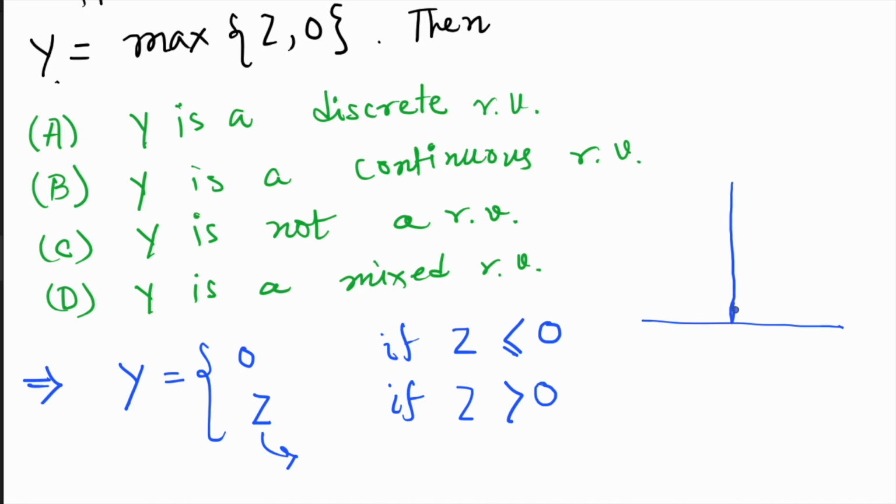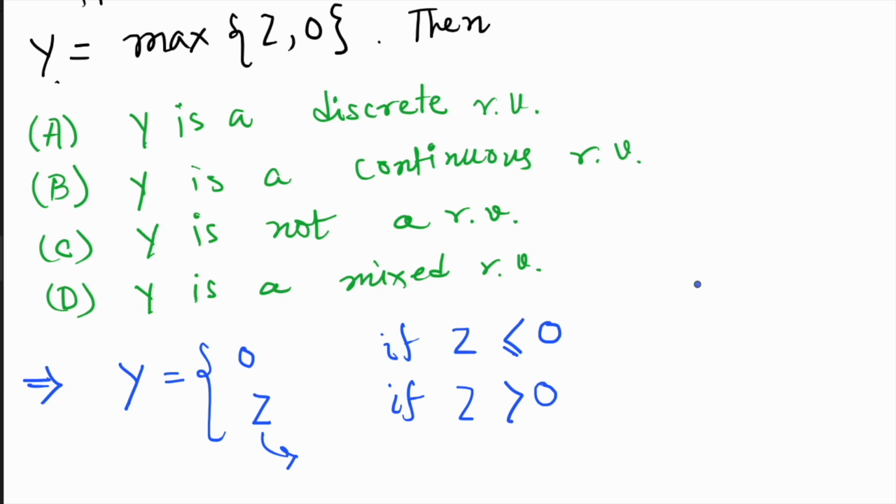So the cumulative distribution function in this side will be half, and in this side it will be a normal. Okay, let me do it properly.